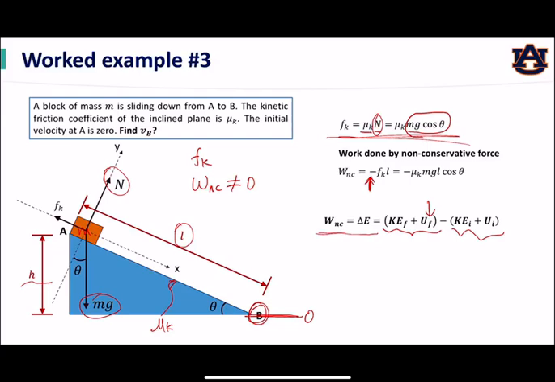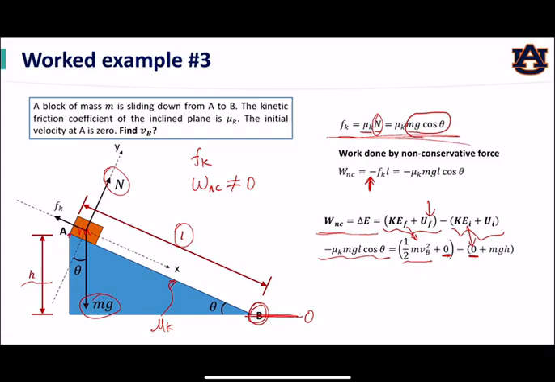On the left side, we have the negative work done by the non-conservative force. And on the right side, the final kinetic energy equals half m v_B squared. Because we set the ground as our zero point of gravitational potential, the final gravitational potential energy should be 0. The block slides from rest, so the initial kinetic energy is 0.